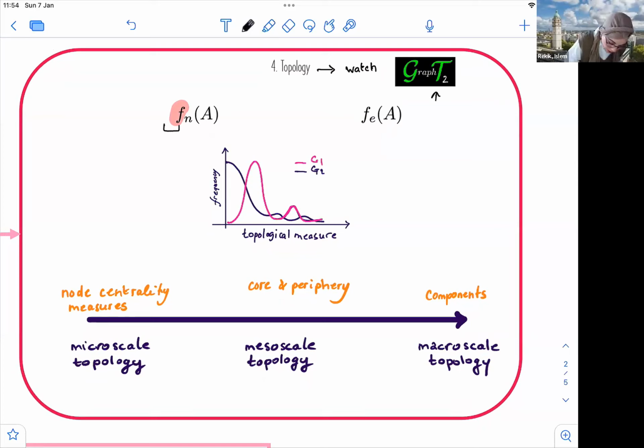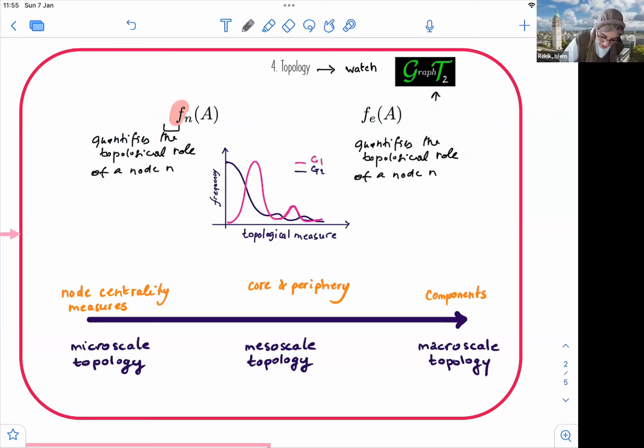So this is a function that quantifies, or measures, the topological role of a node n. And on the other hand, we also have Fe, a function that allows us to quantify the topological role of an edge E.